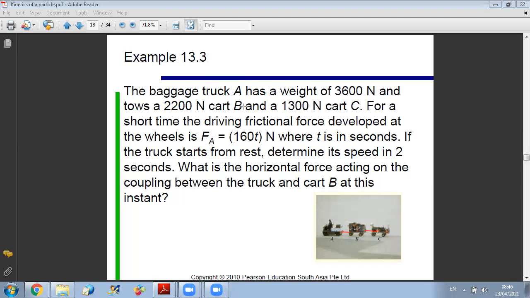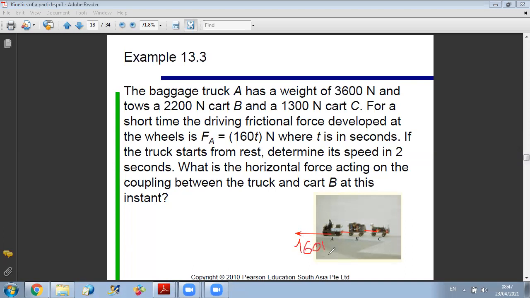Other cars will have friction only acting on the wheels at the front level. So here in this problem, driving friction is only acting at the wheels of A, and this friction is given by 160 T.